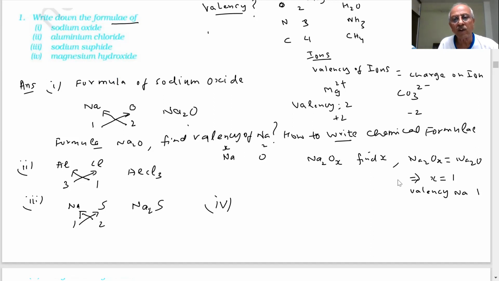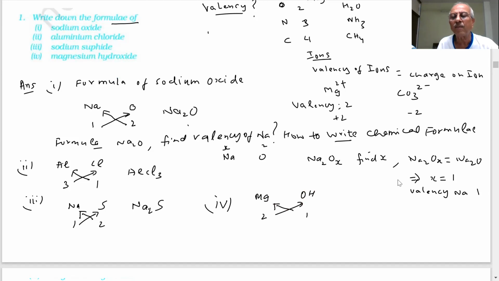What is the valency of magnesium? 2. Magnesium valency is 2. And what is OH? What is the valency of OH? OH is the hydroxide ion. 1. 1 will go with magnesium and 2 will go with OH because it is not a single atom.